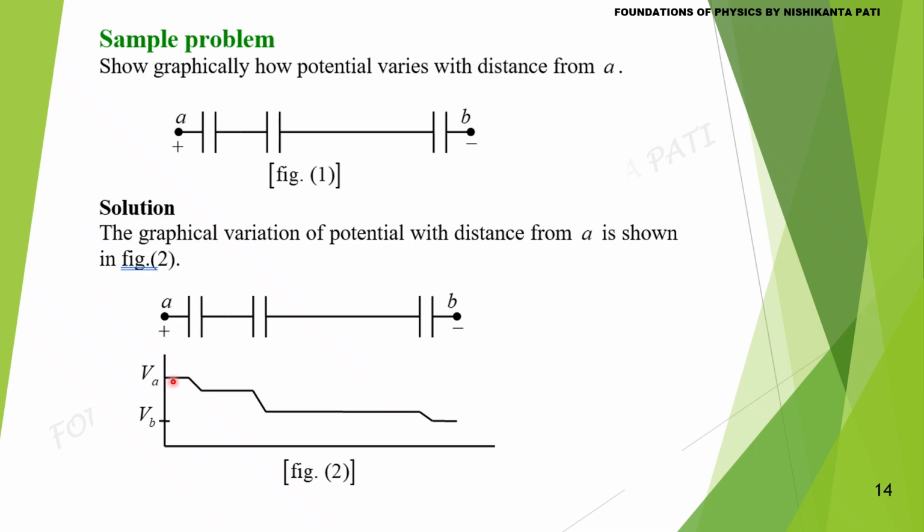So VA remains, then potential falls, then potential remains constant, again potential falls, potential remains constant, again potential falls, again potential remains constant. So here potential VA and here potential VB.